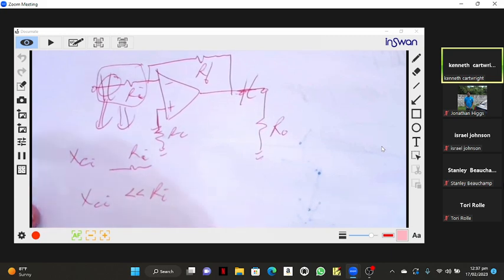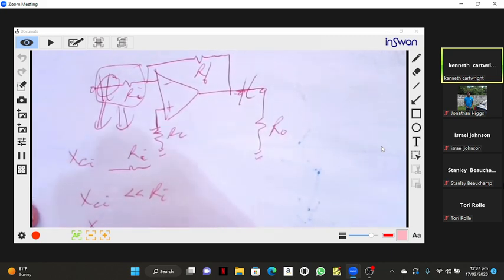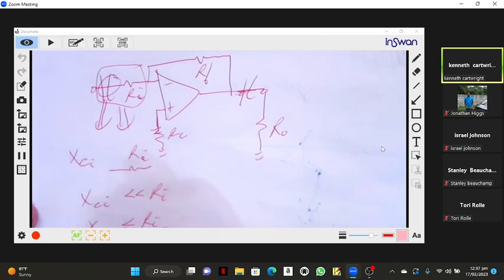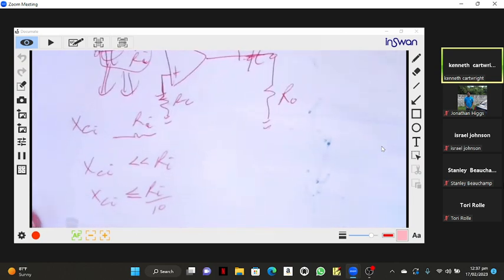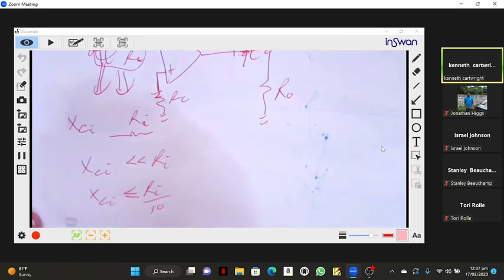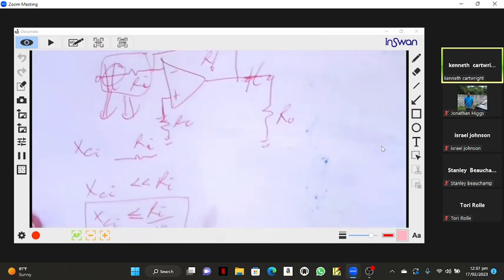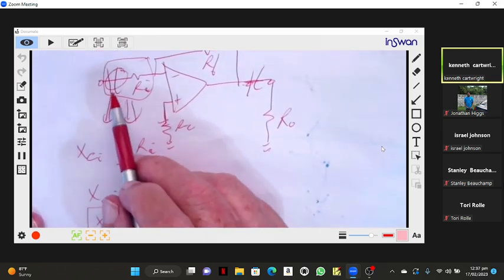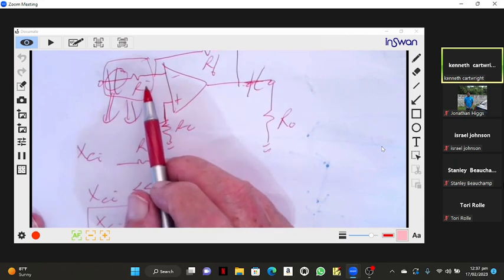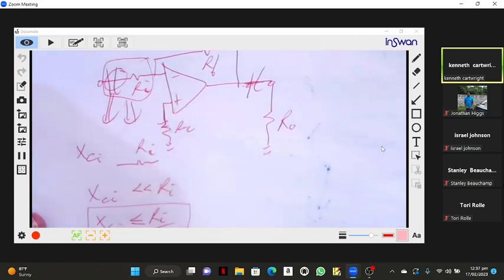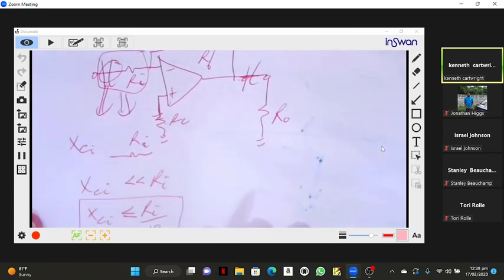And in engineering, what do we mean by a lot less than? We mean RI divided by 10. That's the value we want XCI to be, less than RI divided by 10, so that when we add the reactance to the resistor, it is still approximately the resistor. So we've not modified the circuit very much.